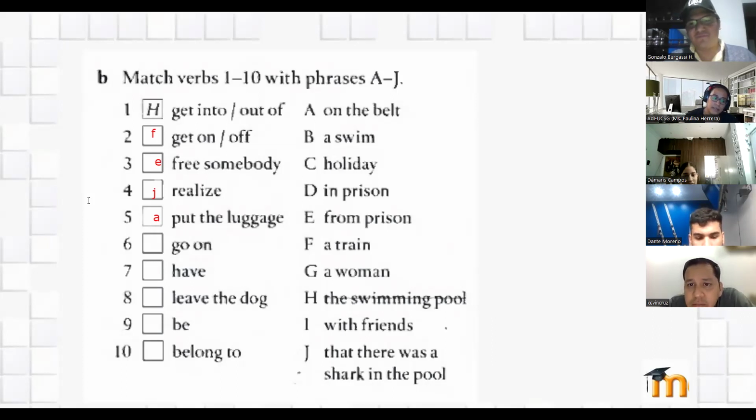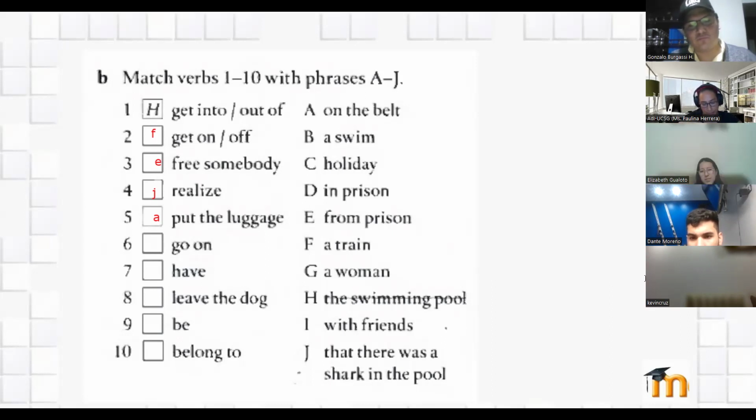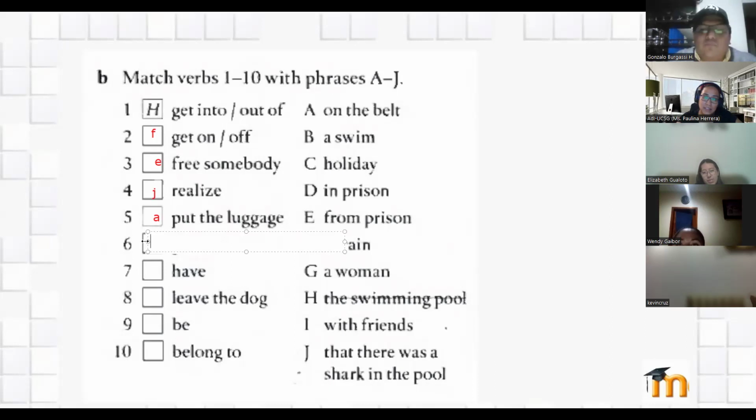So missing Wendy, Elizabeth, Mayerly. Number 6 is letter D, go on in prison.